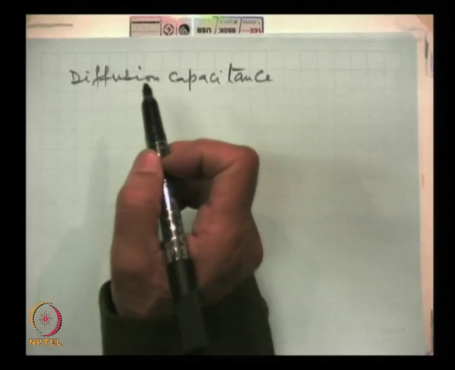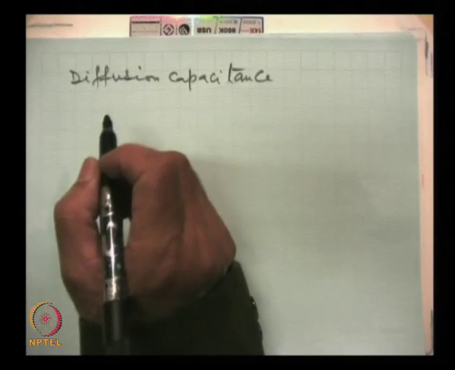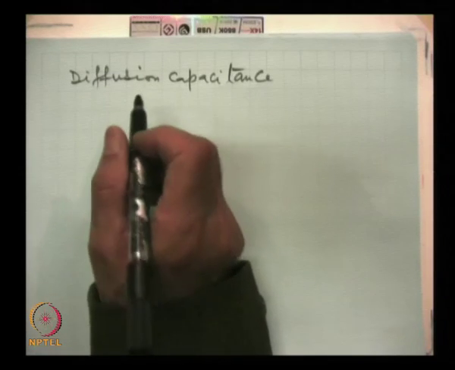So, the depletion width falls and large currents flow, but there is a capacitance which is known as diffusion capacitance, because the depletion width is very small in the forward bias case. So, diffusion capacitance is actually very large.